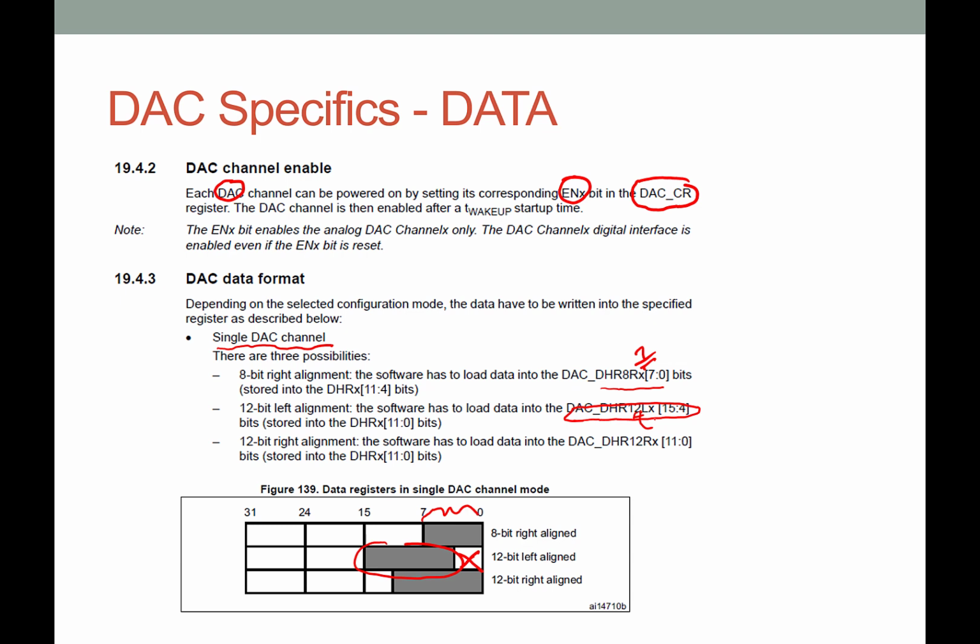And then 12-bit right alignment says the software has to load data into this spot, and it's stored into DHRX as well. The right alignment is going to have the standard way we would think of for the 12-bit number.